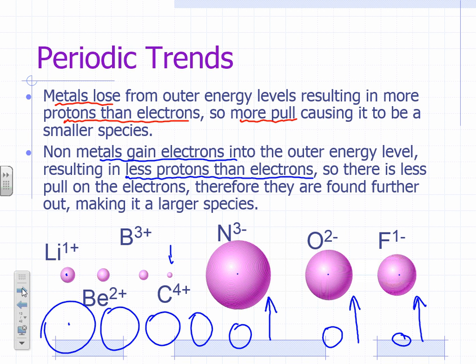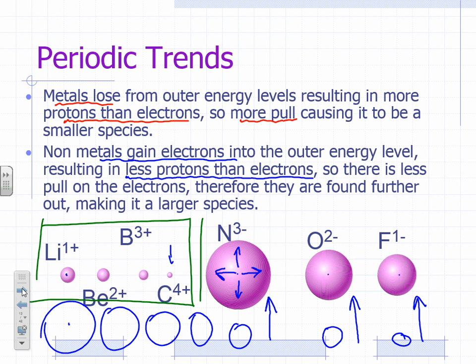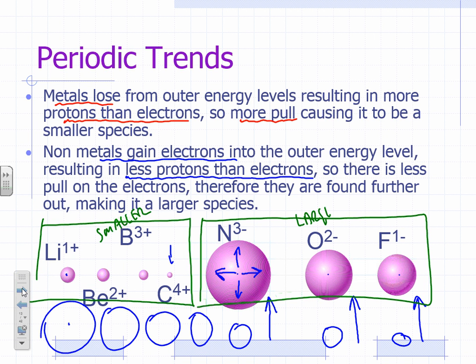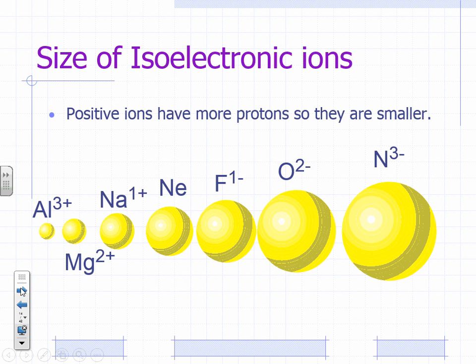And if there's less proportional attraction, then the electrons can extend further out from the nucleus. The ion gets bigger. Right, so in general, cations are smaller than anions, and certainly cations are smaller than their individual atoms, than their original atoms, but the anions are larger than their individual atoms.